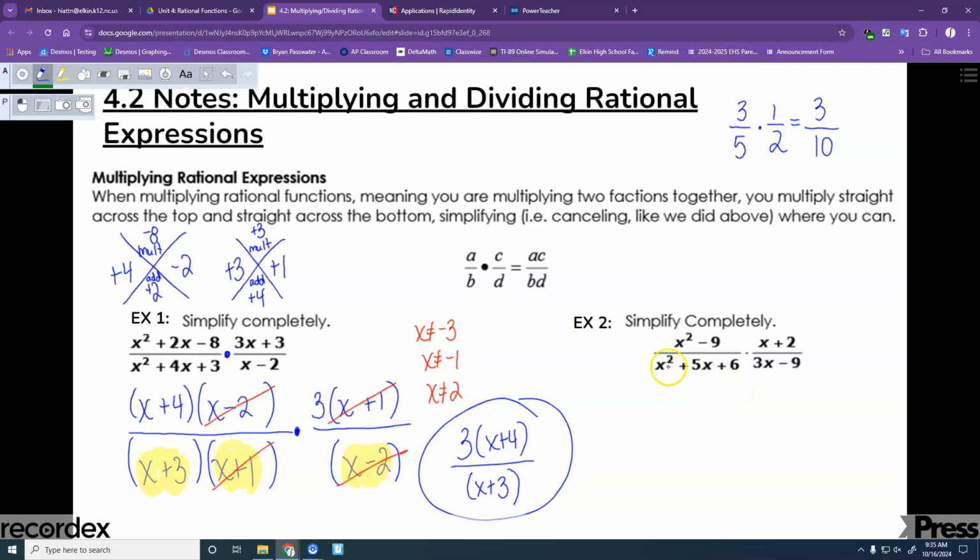All right. Let's look at example 2. So just like the last one, we are going to factor. In the top, we'll have 2 sets of parentheses here. I'm trying to multiply to get negative 9. What am I adding to get?